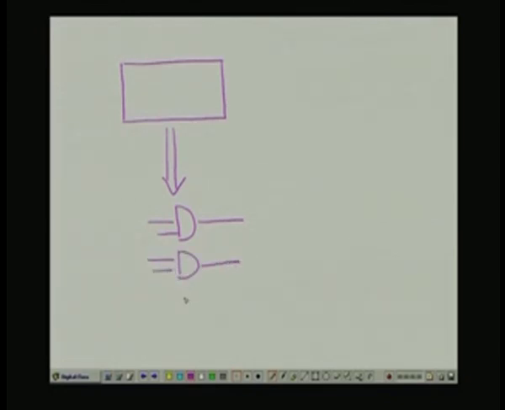Say one high level system, I am just giving a black box, and one subsystem is represented like this: a number of 2 input ANDs, then some OR, then some NAND or NOR gate.